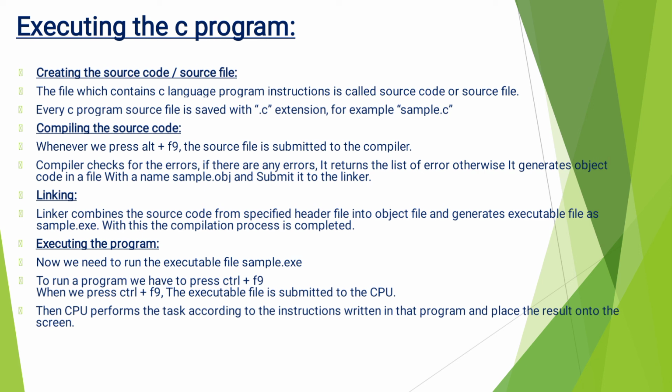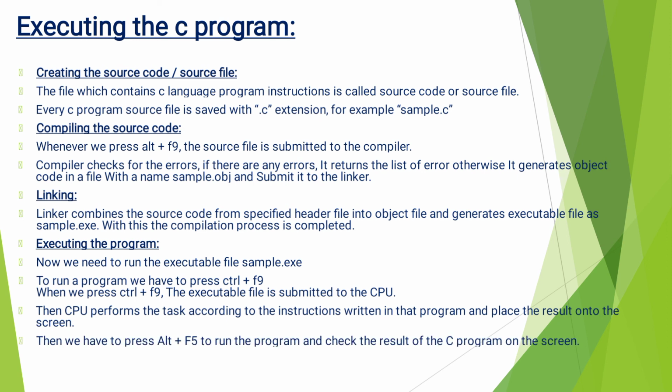Then the CPU performs the tasks according to the instructions written in our program. After completion of all the tasks, our program generates a result as output, and this output should be displayed on the screen.